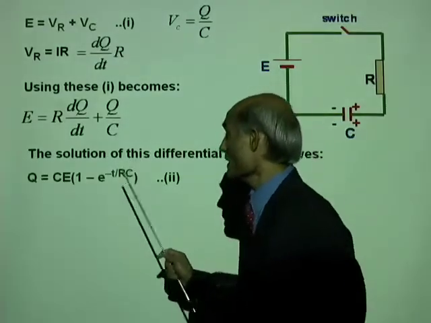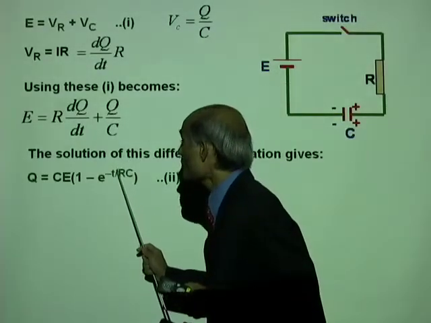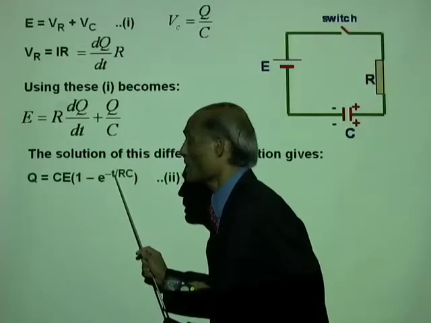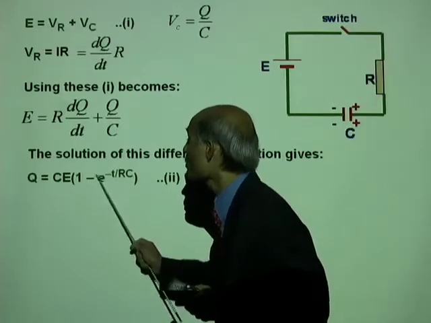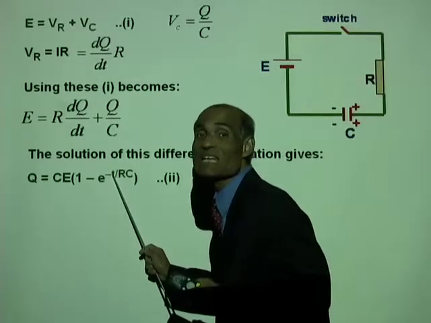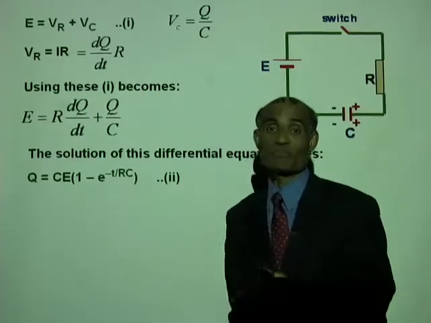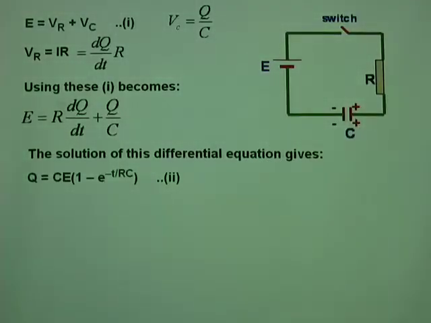That means when time is very large, can you tell me what will be the value of this quantity when t is very large? Let me ask you this. I'm sure some of you have experience with this.